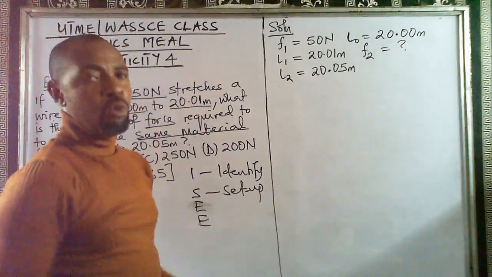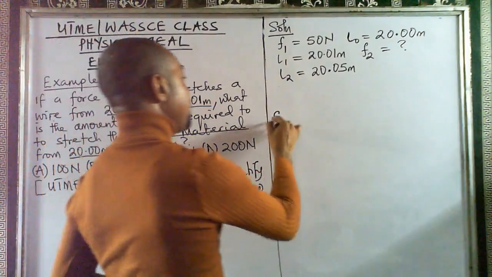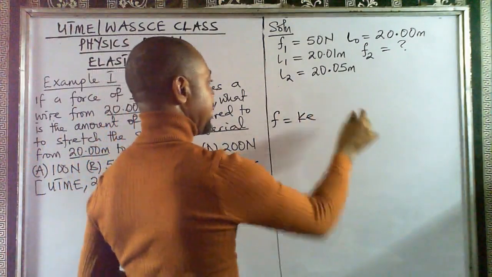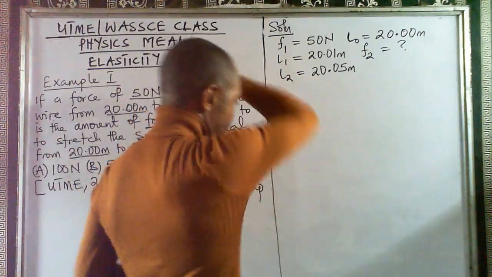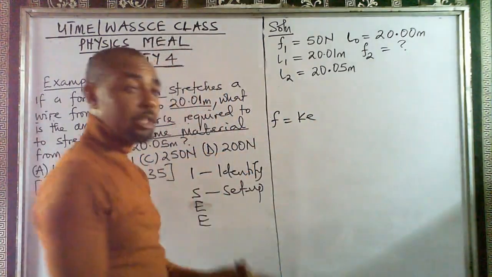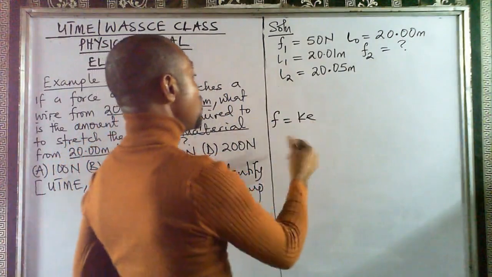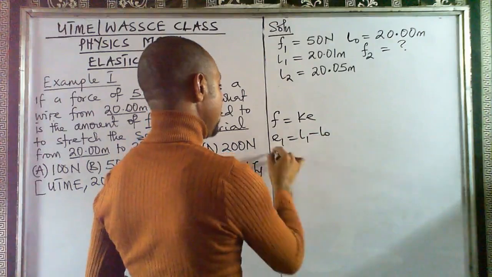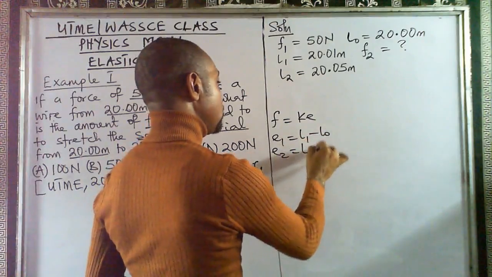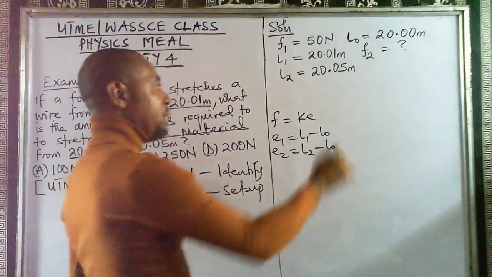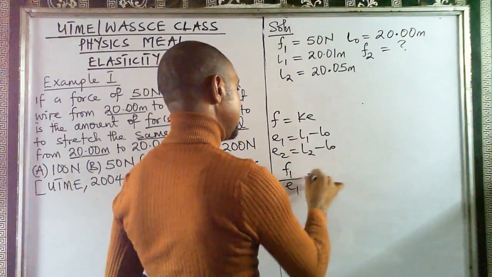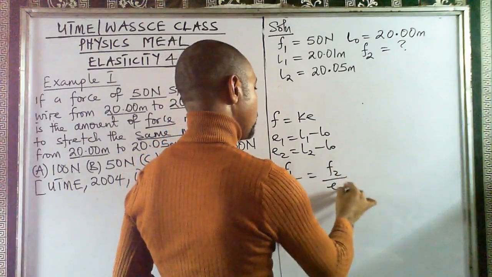What are the equations in Hooke's law? We have that force is equal to Ke. You remember that? If you add another K, it becomes Kk, but we are not here to write Kk, so force is just what? Ke, not Kk. Then we also say that E1 is L1 minus L0, and E2 is L2 minus L0. We establish also that F1 over E1 is equal to what? F2 over E2.